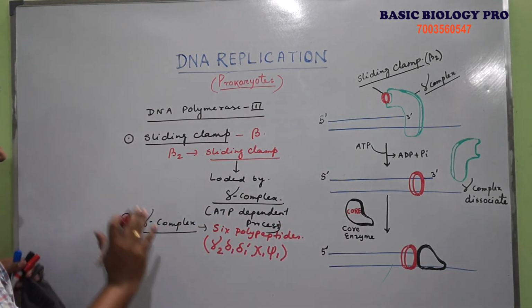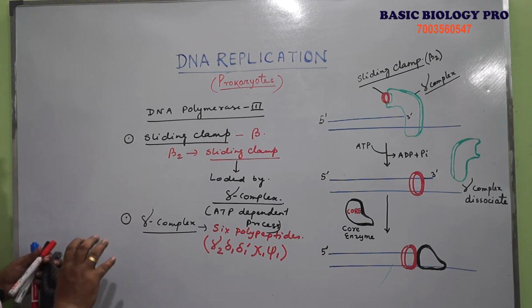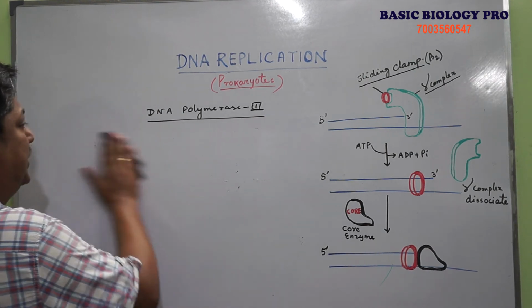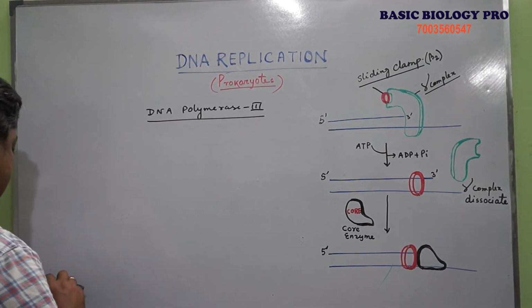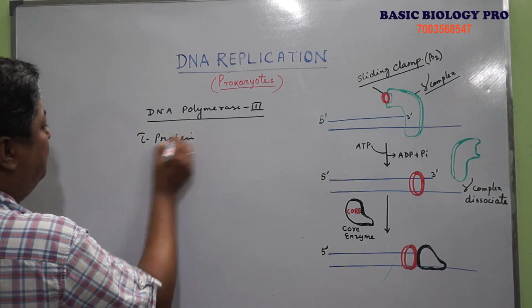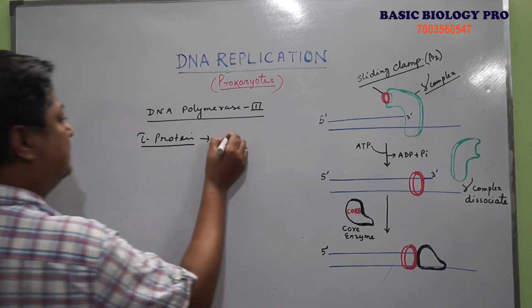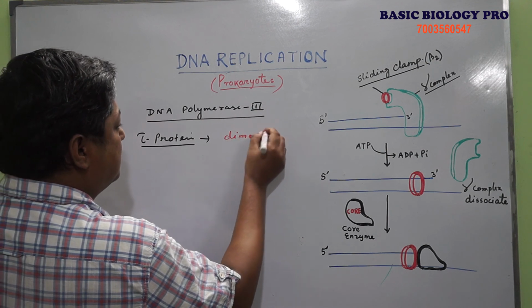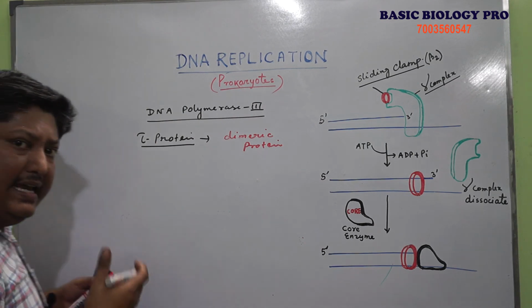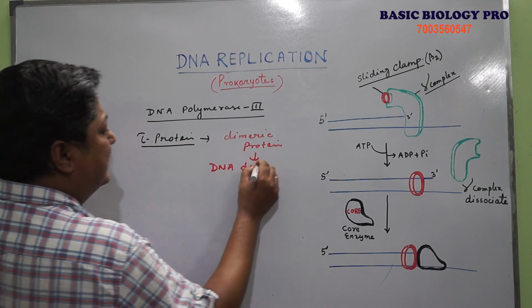So after the loading is over, the final part of DNA polymerase 3, the fourth or last part, is called the tau protein. Now tau protein is also a dimeric protein, and it has a DNA dependent ATPase activity.